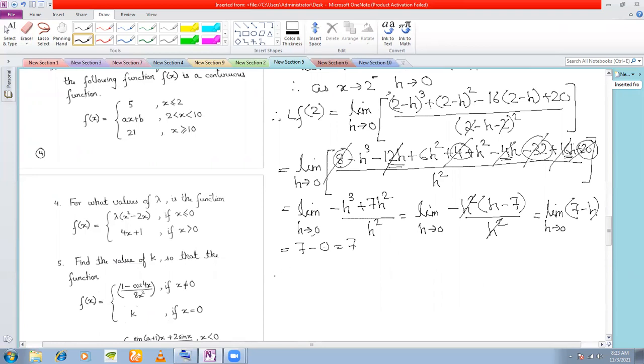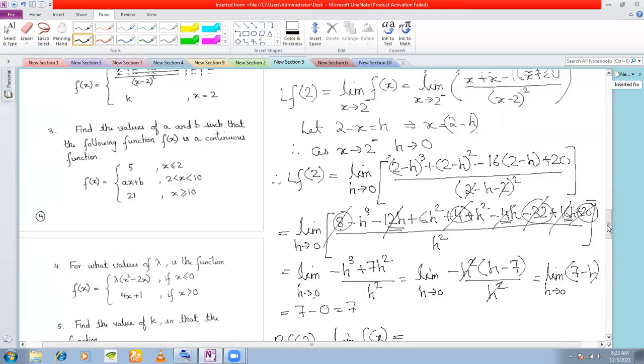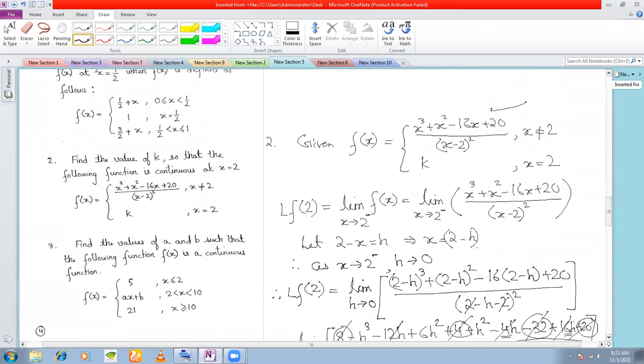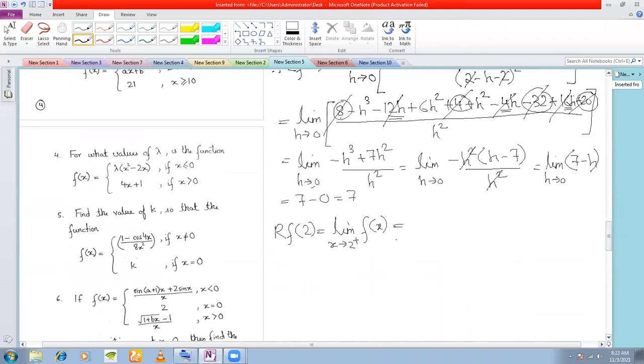Left hand limit is 7. Right hand limit RF(2) is equal to the limit x tends to 2 plus f(x). What is the value of the function? The value of the function will be the same for x not equal to 2. So x here approaches 2 from values that are higher than 2. So the limit x tends to 2 plus of x cube plus x square minus 16x plus 20 divided by (x minus 2) whole square.